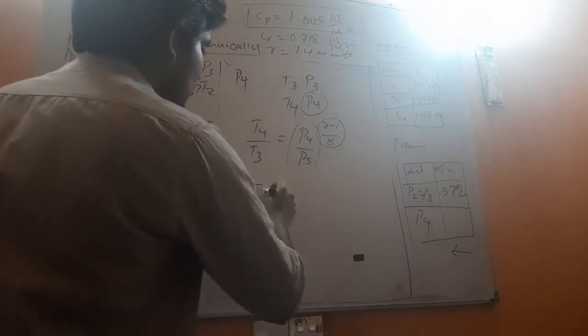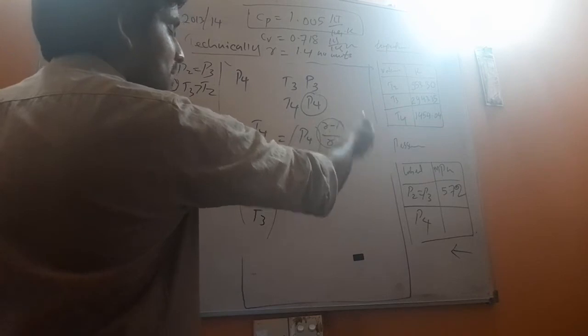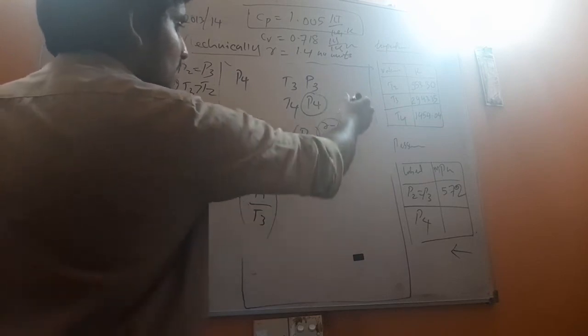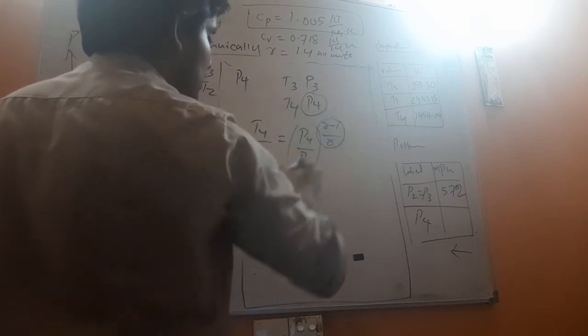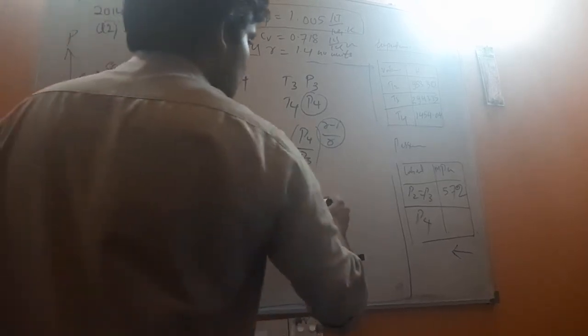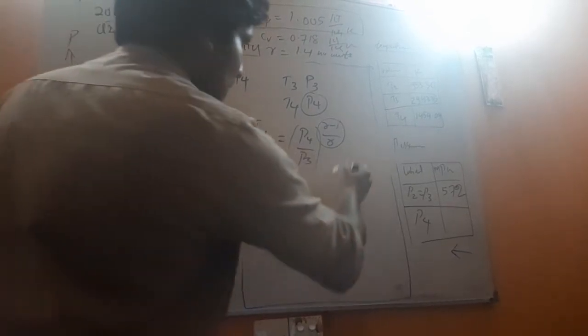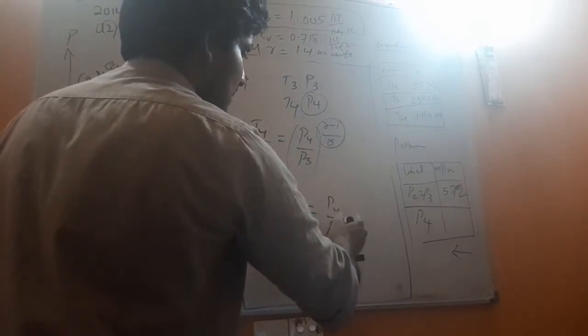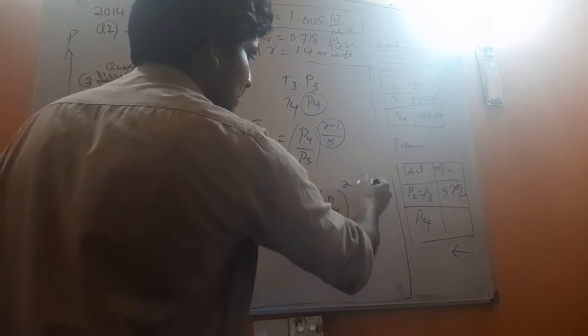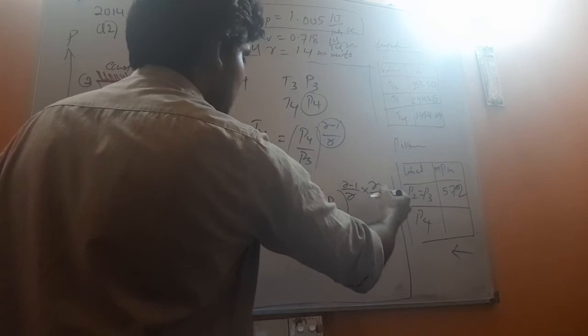So T4 divided by T3, to the reciprocal power, that means 1 divided by gamma minus 1 over gamma, which is gamma over gamma minus 1, equals P4 divided by P3 to the power gamma minus 1 over gamma multiplied by gamma divided by gamma minus 1.